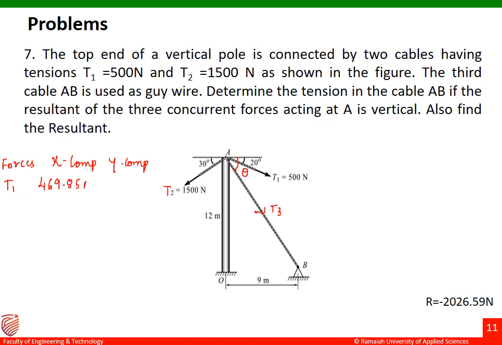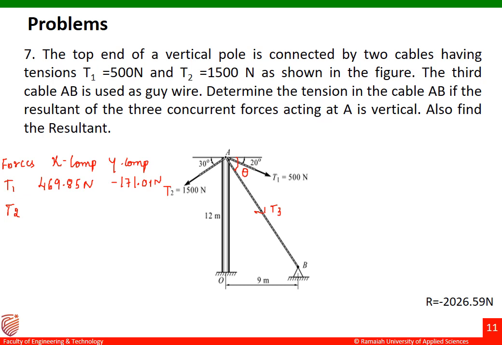Similarly for the y component, it is acting in the fourth quadrant. X is positive, y is negative. 500 sine 20 degrees, you'll get the answer as minus 171.01 Newton.